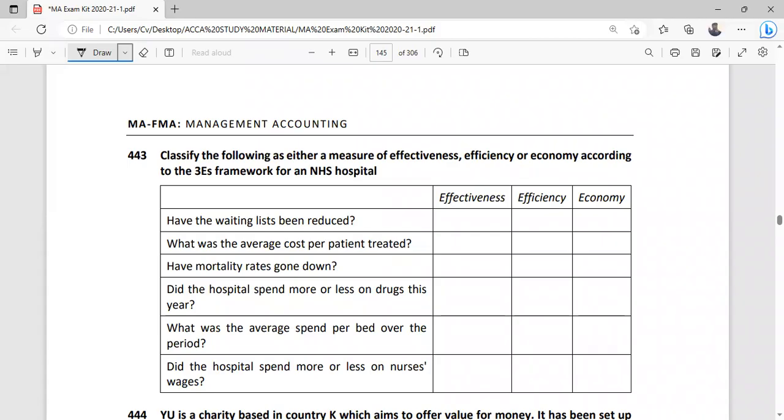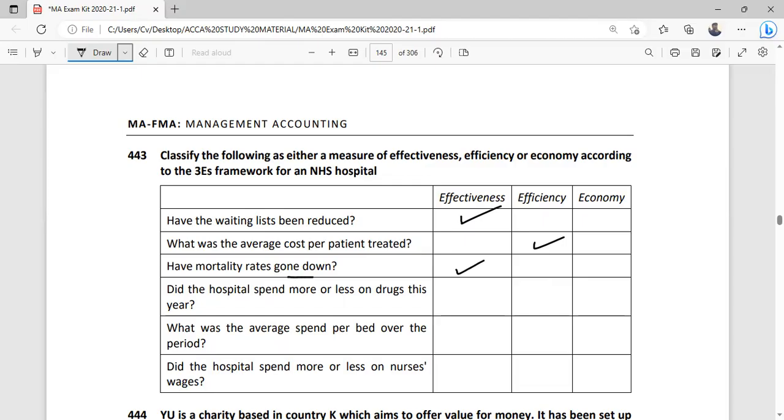It means it is an objective. Objective is effectiveness. What was the average cost per patient treated? As I told you, do not treat cost as economy. It says efficiency. Has the mortality rate gone down? Once again, it is an objective.